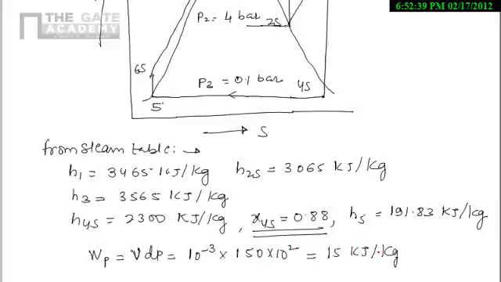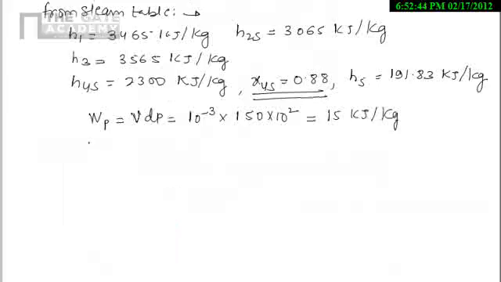So this one is the pump work, and by this pump work we can calculate H6s, whatever we have calculated H4s in our previous example. Similar manner we can calculate H6s, that is 206.83 kilojoule per kg. So this is the value for enthalpy at state 6s.